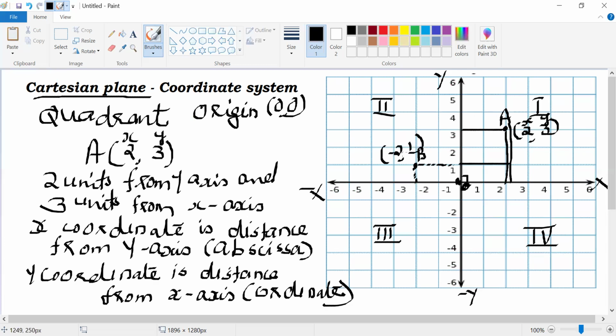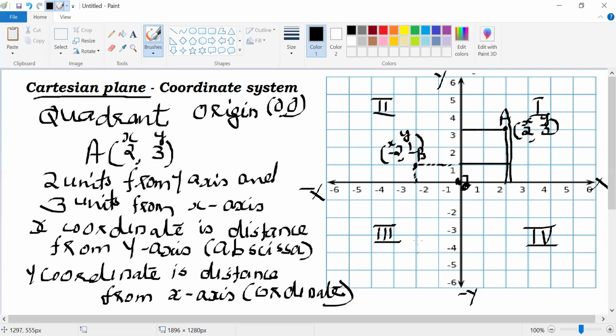That means distance is always positive. Its distance from the y-axis is 2 units on the left side, and the distance from the x-axis is the y coordinate, which is 1.